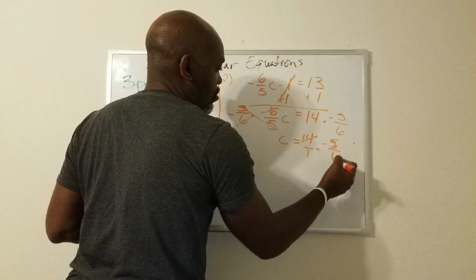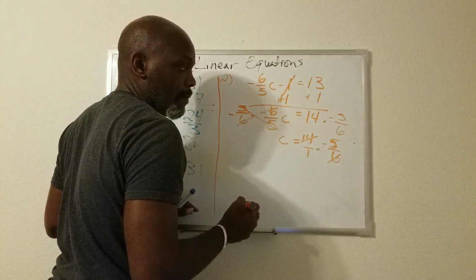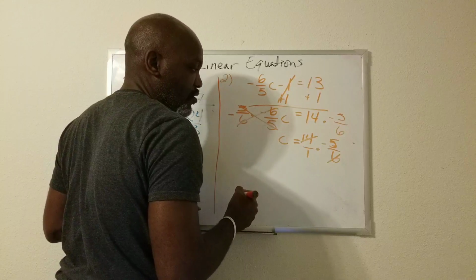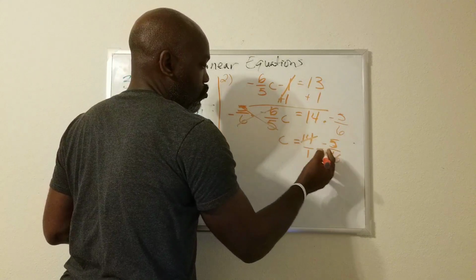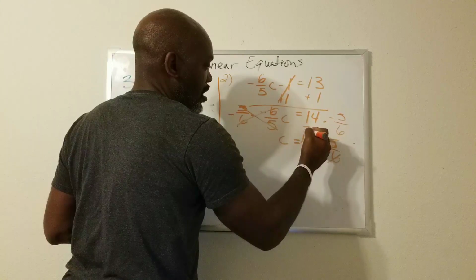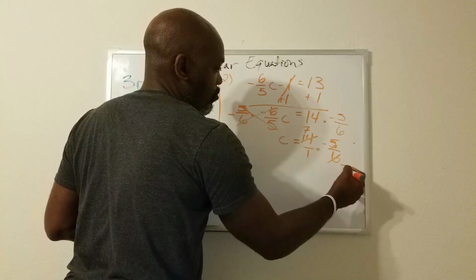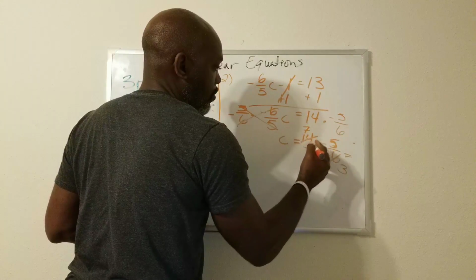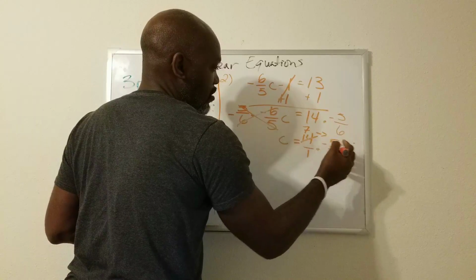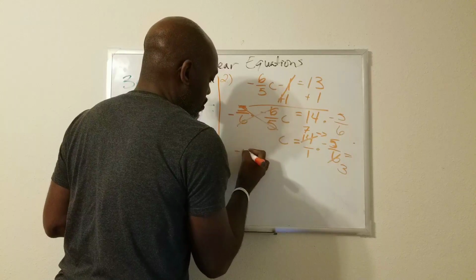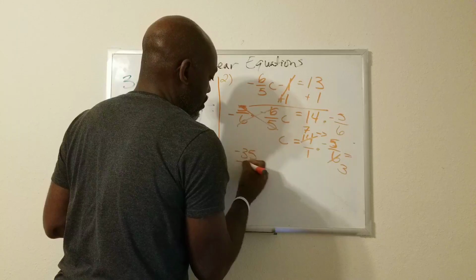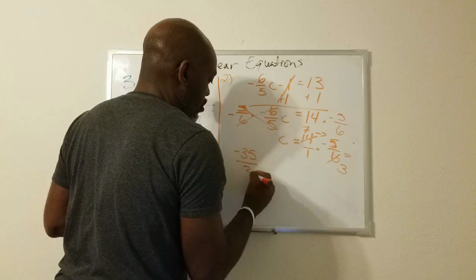I reduce diagonally by the greatest common factor. Both would be 2. 14 divided by 2 is 7. 6 divided by 2 is 3. I'm going to multiply across. 7 times negative 5, I'm going to write that over here. Negative 35. 1 times 3 is 3.